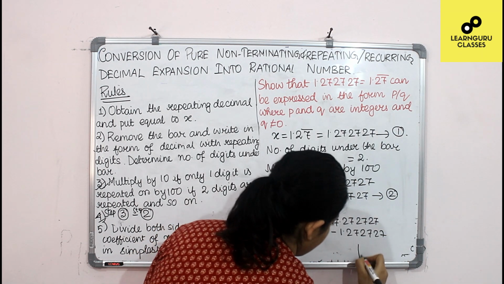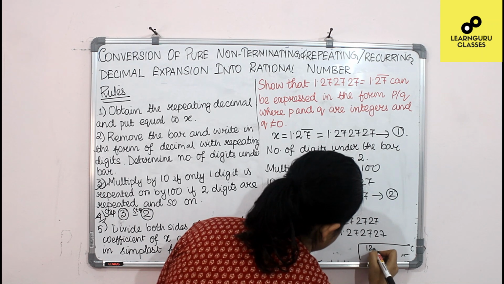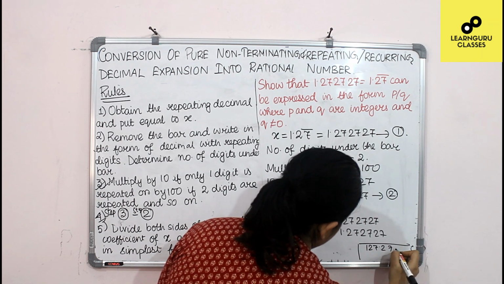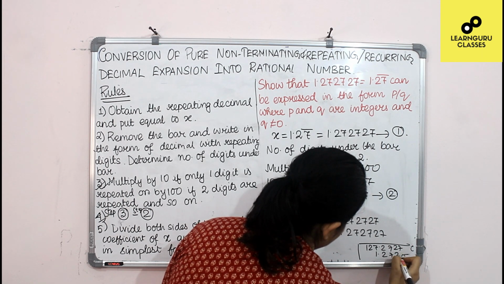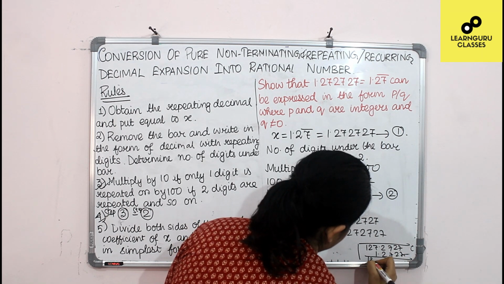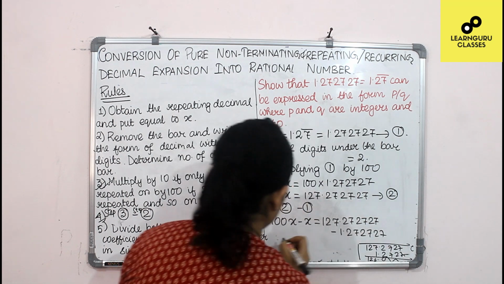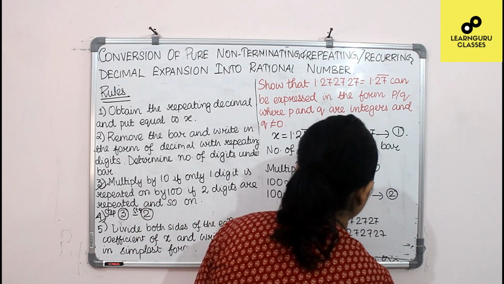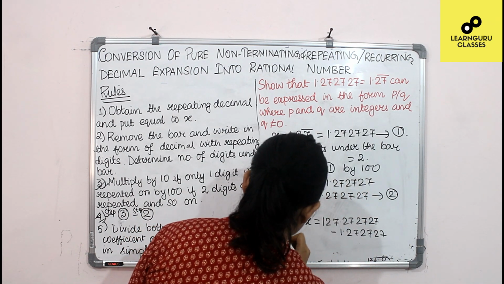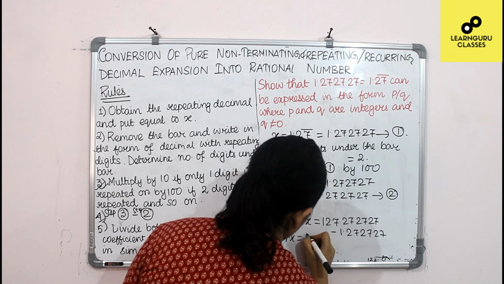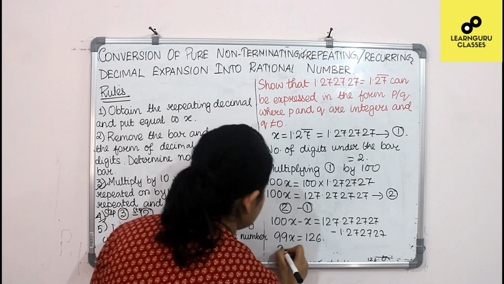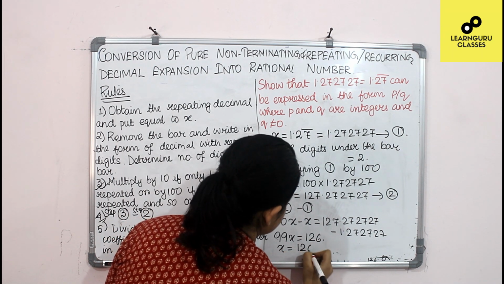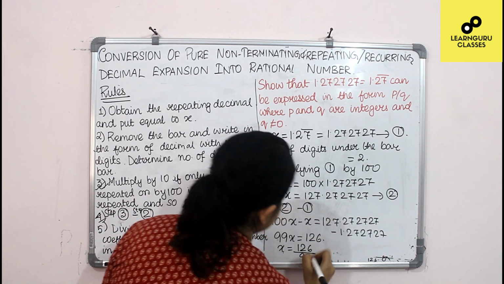If you do the rough work, 127.27 only I am writing, and 1.2727, so 126.0000. So you are getting this as 99x equal to 126. So x will be equal to 126 by 99.